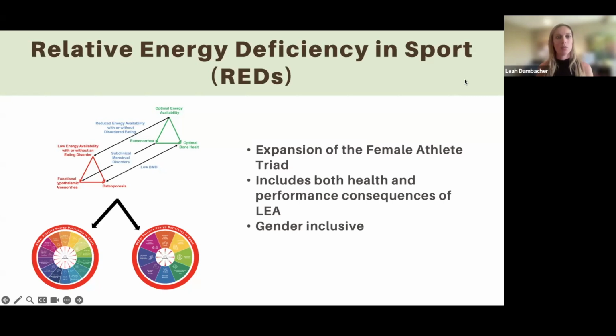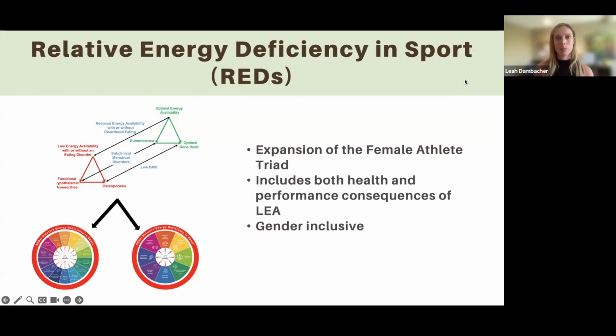And this is the concept of 3 different things: low energy availability, poor bone health or high frequency of injury, and then amenorrhea, or loss of a menstrual cycle. And these are 3 things that are oftentimes potentially easy to point out in an athlete that does not have adequate energy availability, as their pretty prominent outcomes.